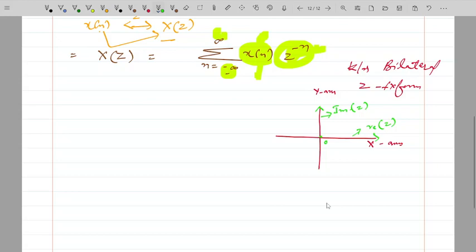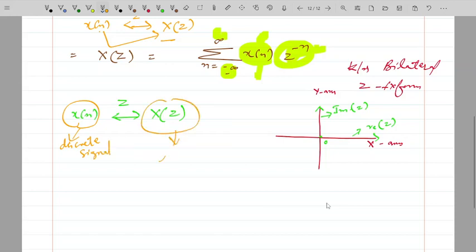Here in the Z transform, we are converting a discrete signal into the Z domain, which is the Z transform.